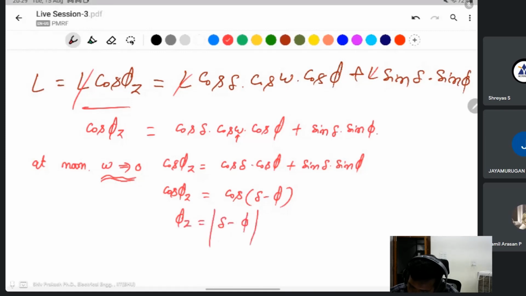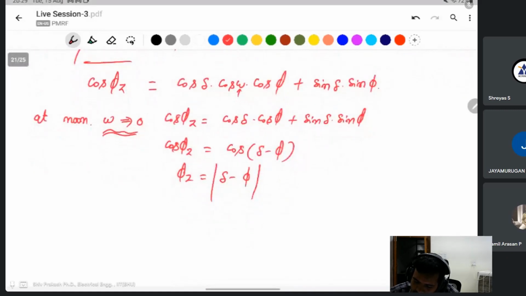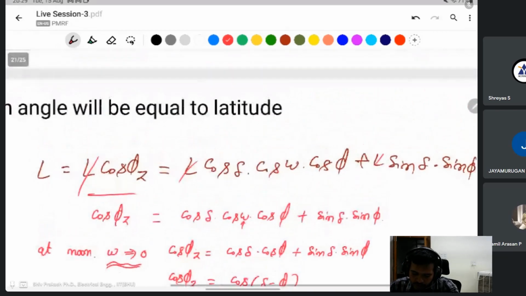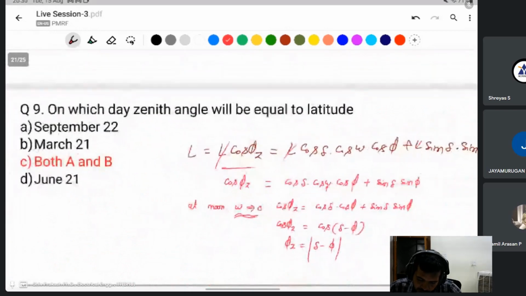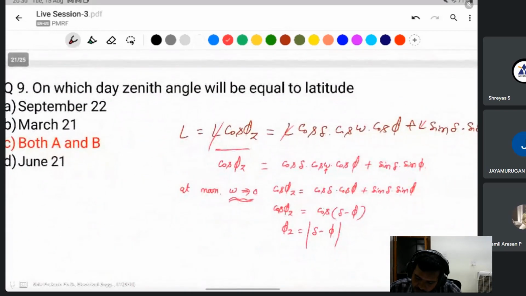Taking the modulus, you can exchange this as phi minus del or del minus phi. The question asks on which day the zenith angle will be equal to the latitude angle.